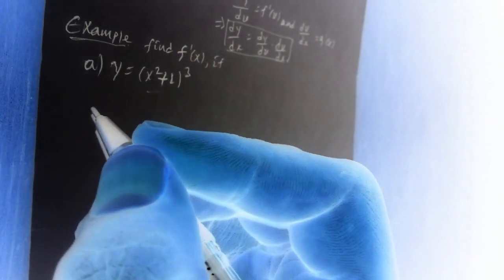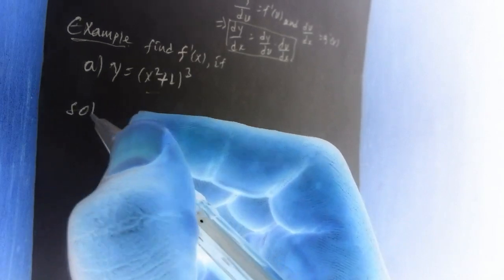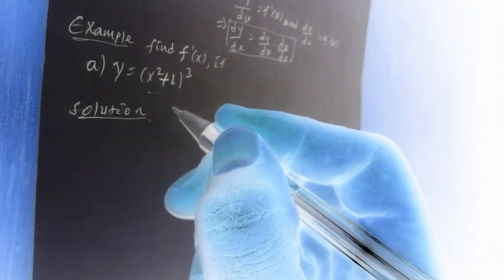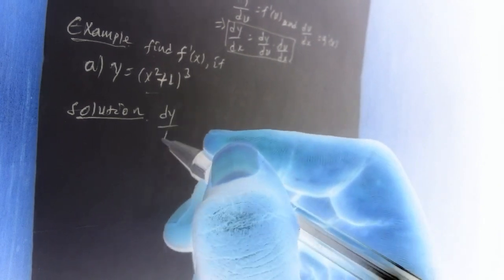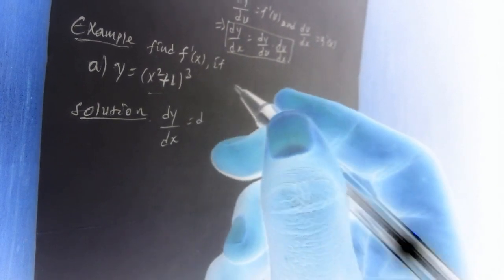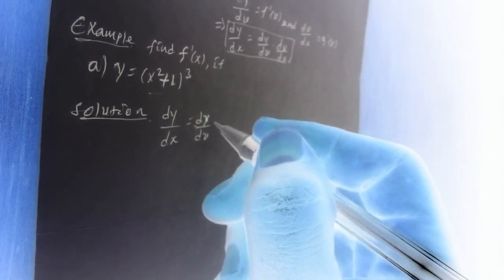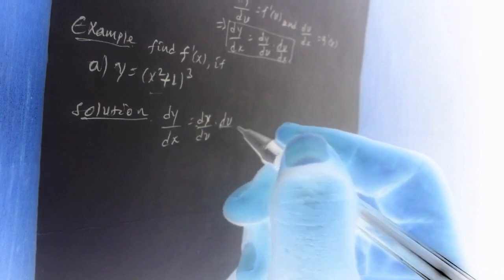To find the derivative of this, first dy by dx means dy by du times du by dx.